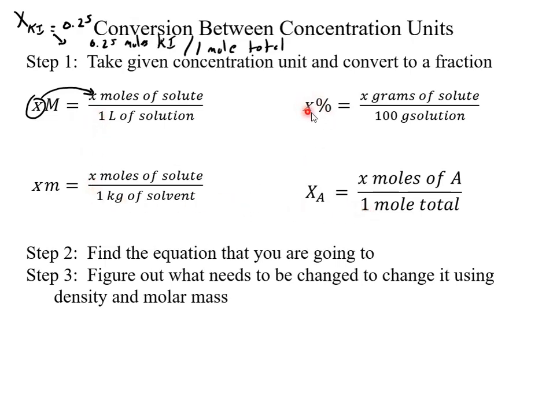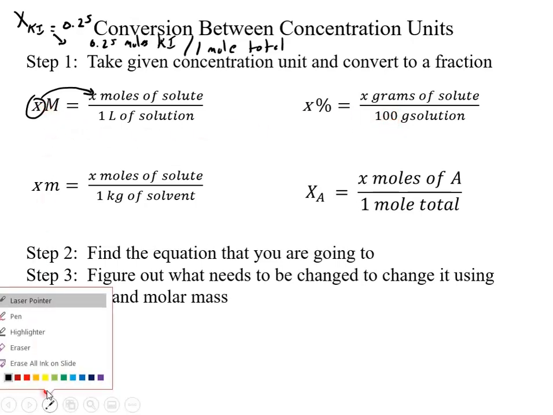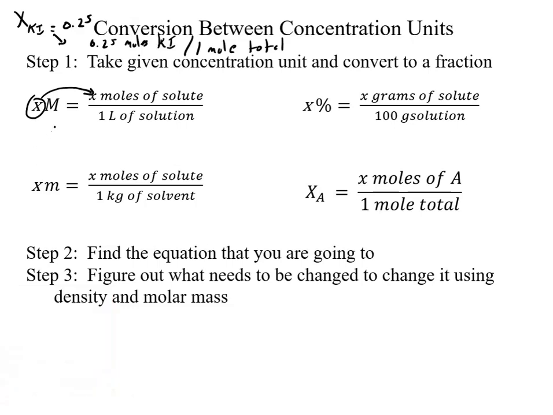Okay? Only in mass percent is it 100. And I could do 1, but remember mass percent, I have that times 100. And so I just make my denominator, or the bottom part of the fraction, the 100. So again, this is molarity, and you're really going to have to know this for the test.